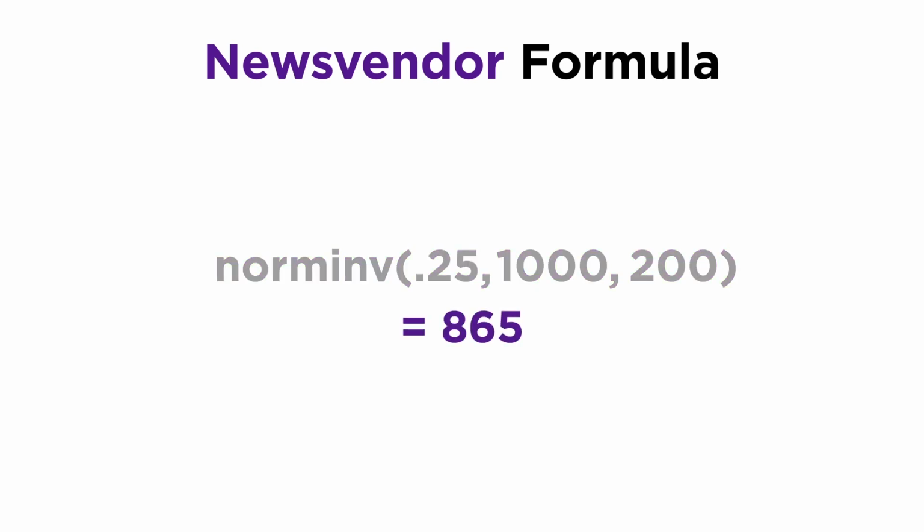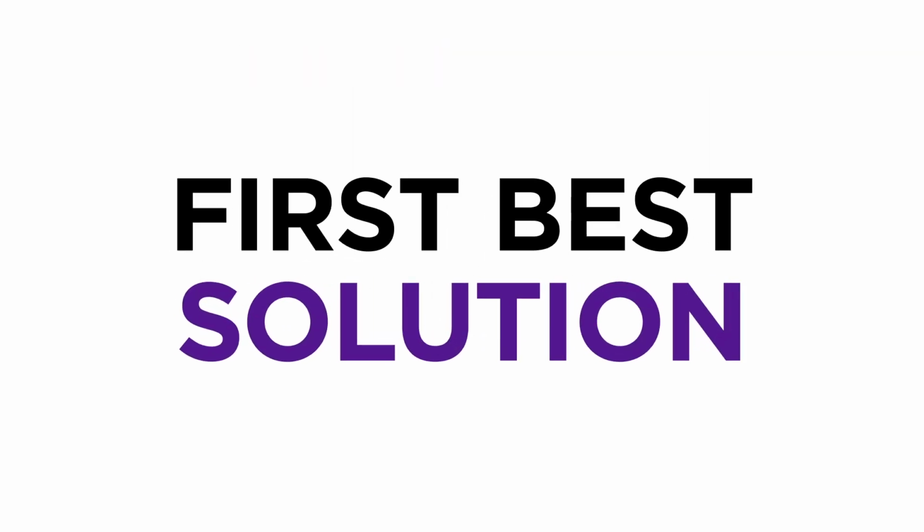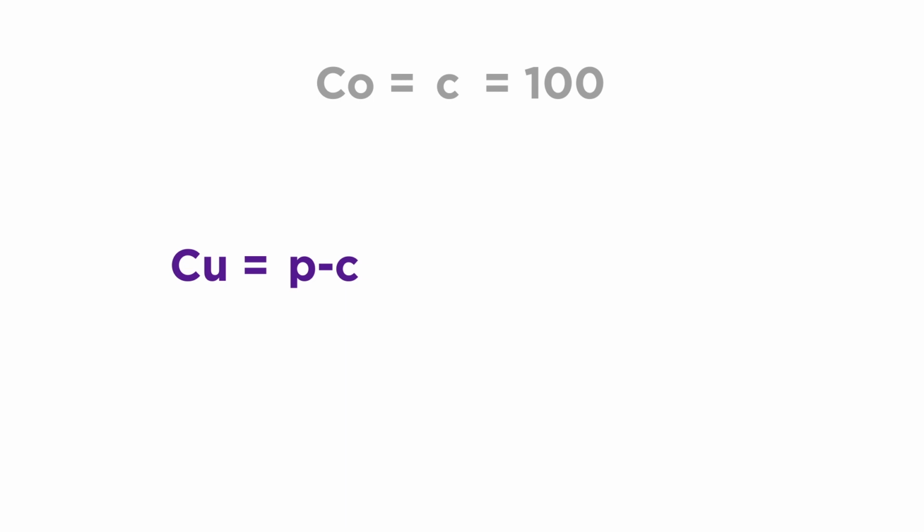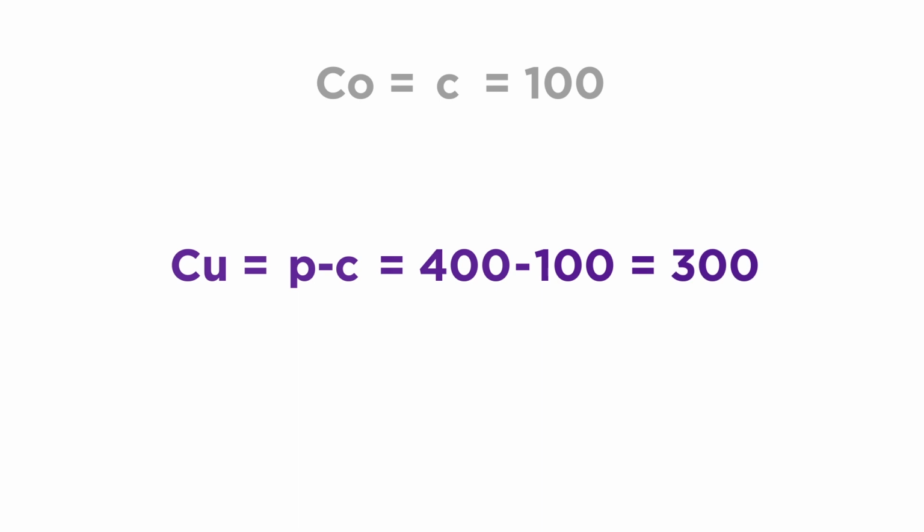For comparison, we can calculate the optimal order for the entire supply chain. We call this the first best solution. In this situation, the cost of overproduction is the unit production cost, $100. And the cost of underproduction is the retail price minus production cost, which is equal to 400 minus 100. That is $300.